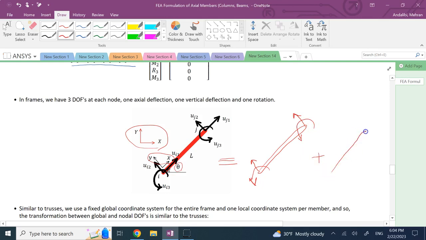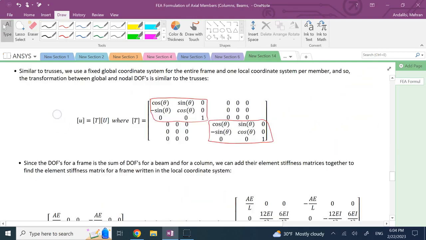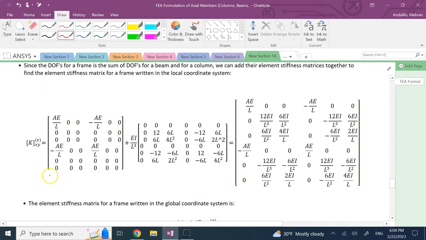Plus the column that we also formulated. Remember, I had a K and F for the beam, and I had a K and F for the column. And this is exactly the summation of the two. So here, all I need to do is to go and get the stiffness matrix from the columns, the stiffness matrix from the beams, and add them together.